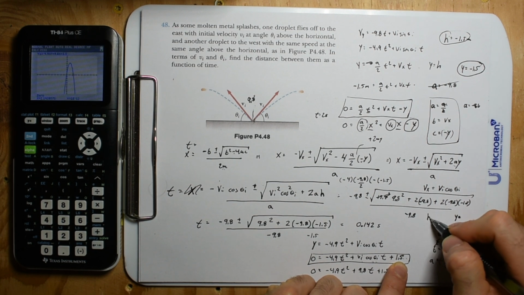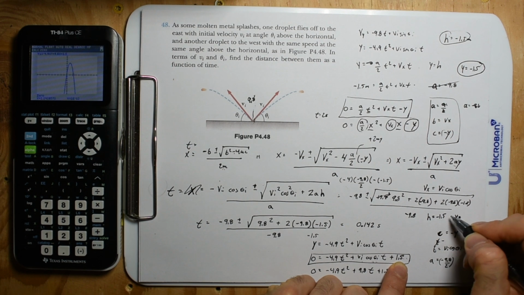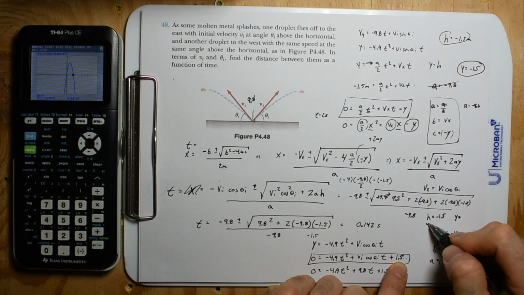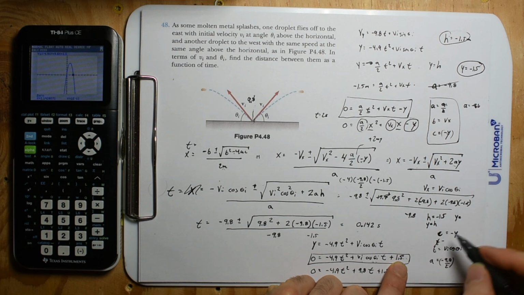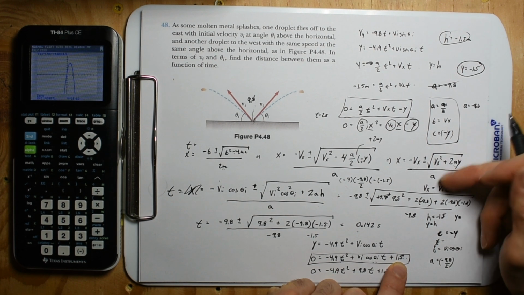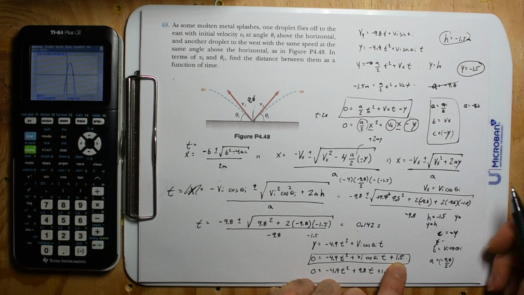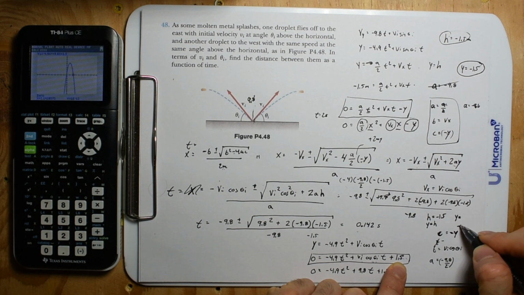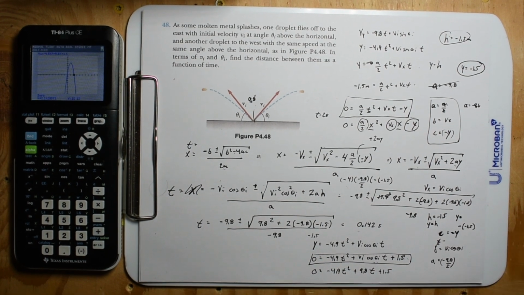If h is equal to negative 1.5, that's going to be our y. Y is equal to h, and this has to be a negative y. So we were good there, even though it's a little bit confusing, because when we throw in negative 1.5, we get that positive.